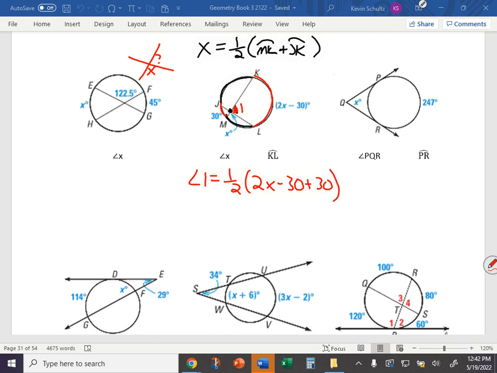They cancel out. Which means that angle 1 equals half of 2x. What's half of 2x? X. And if angle 1 equals x, and that angle equals x, what's the value of x?